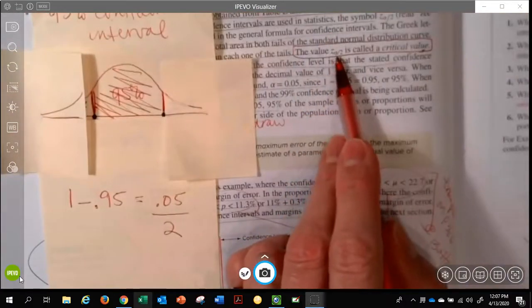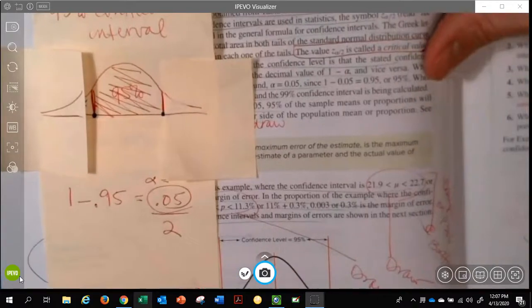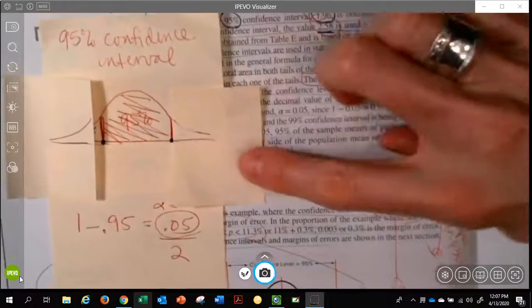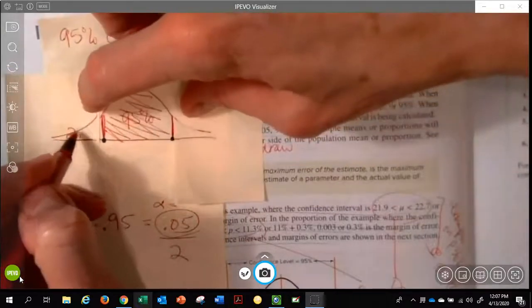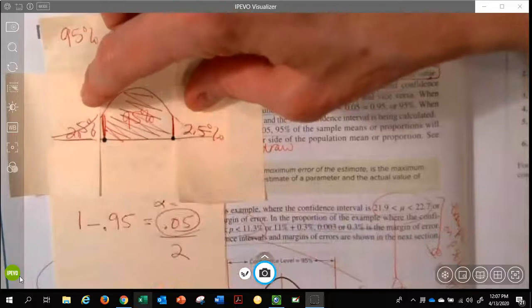Remember that thing a while ago? Z sub alpha divided by 2. This is our alpha, but I don't want the alpha, I need half of it. And so that means over here there's 2.5%, and over here there is 2.5%.